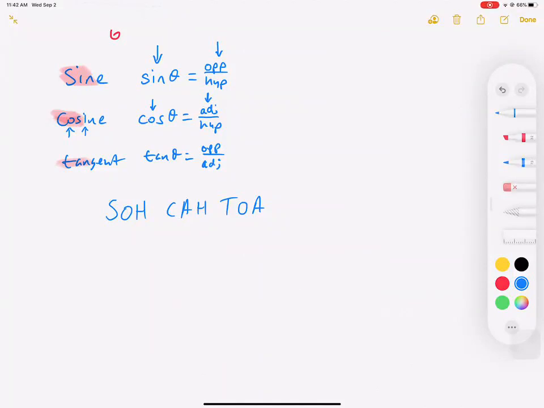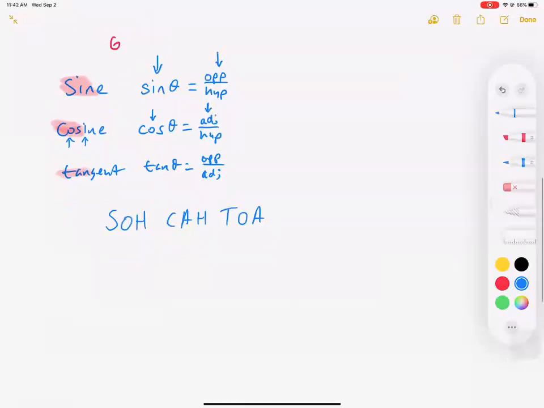She was slightly crazy. She was walking around drawing triangles everywhere. So sine is opposite over hypotenuse. Cosine is adjacent over hypotenuse. And tangent is opposite over adjacent.